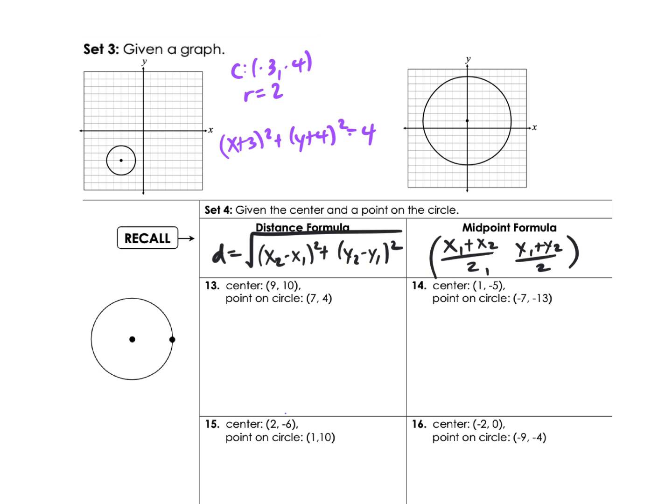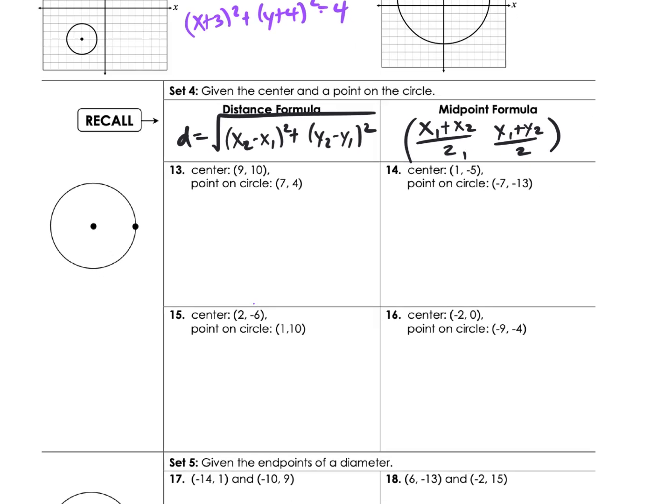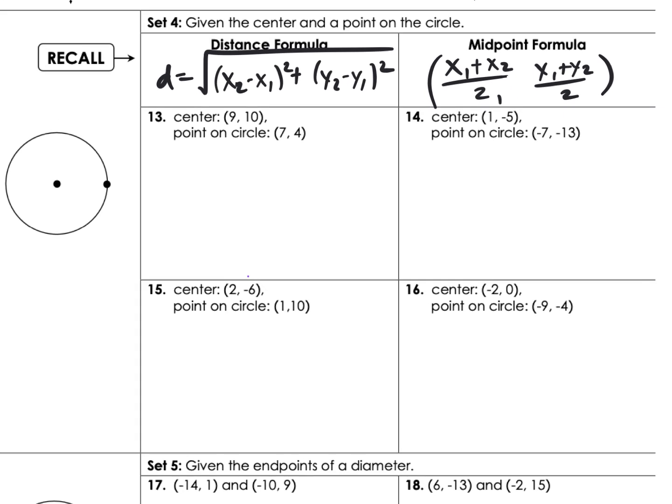Yes, because it's an ordered pair, x comma y. Does that make sense? We won't use midpoint in this first one, we'll use it in the second example. My center's at (9, 10), and I have the point (7, 4) on the circle. First, using just the center, I write what I know in my equation: (x - 9)² + (y - 10)² = r².